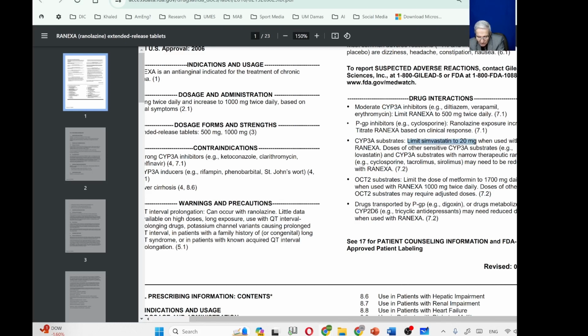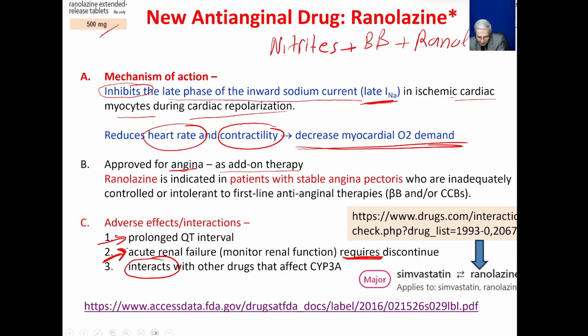We need to limit simvastatin to 20. We don't allow prescribing 40 or 80 milligram simvastatin because simvastatin uses 3A4 cytochrome as a substrate, and there's an interaction. If you go to the slide, what we have here is the medication information leaflet from the Access Data FDA.